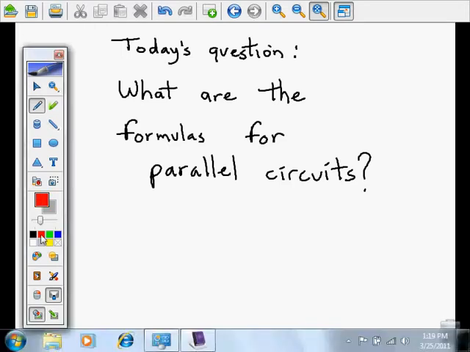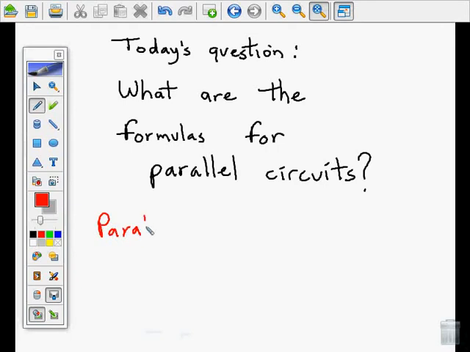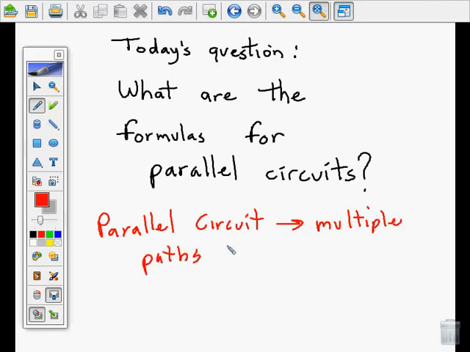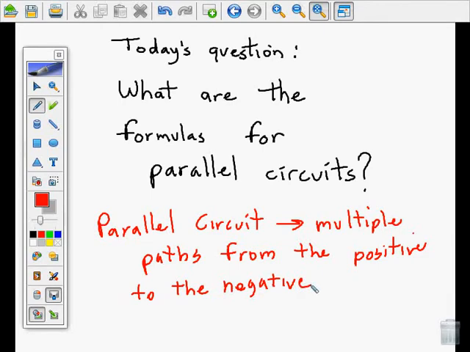So with a parallel circuit, there are multiple ways, multiple paths from the positive to the negative terminals of the EMF.